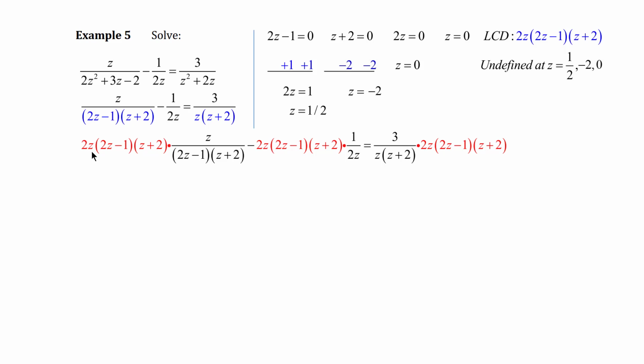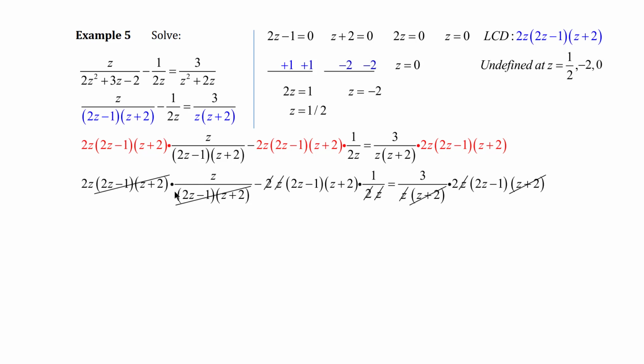We get 2z times parentheses z minus 1 times parentheses z plus 2 times z over parentheses 2z minus 1 times parentheses z plus 2 minus 2z times parentheses 2z minus 1 times parentheses z plus 2 times 1 over 2z equals 3 over z times the parentheses z plus 2 times 2z times parentheses z minus 1 times parentheses z plus 2. Next, we simplify by canceling out our common factors.